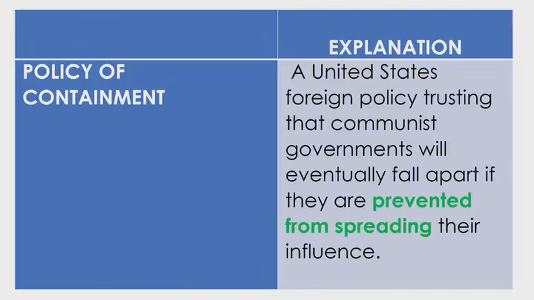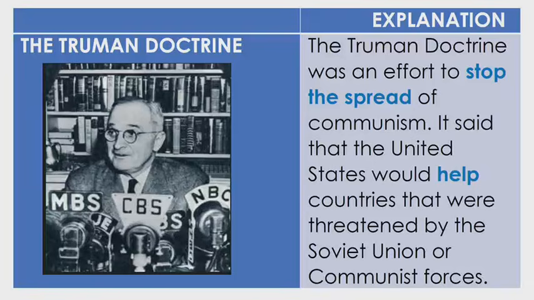So within the policy of containment, you have various other policies and plans, the most common ones being the Truman Doctrine and the Marshall Plan. So if you had a look at your telematics booklet, it would have asked us to explain those as well. So under the Truman Doctrine, the Truman Doctrine was an effort to stop the spread of communism.